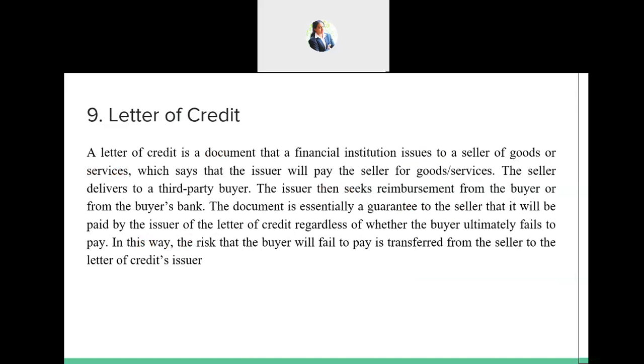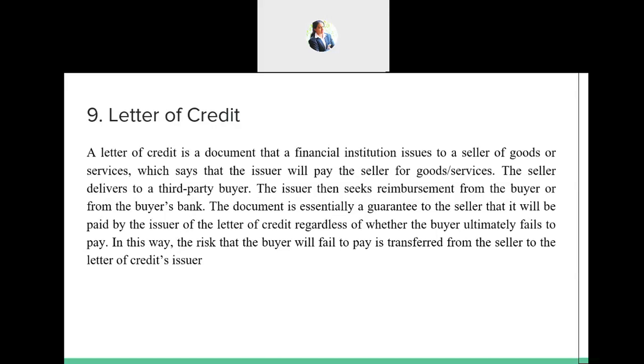Now, the next one is letter of credit. A letter of credit is usually a document that a financial institution issues to a seller of goods or services, and this letter of credit says that the issuer will pay the seller for the goods or services the seller delivers to a third party buyer.